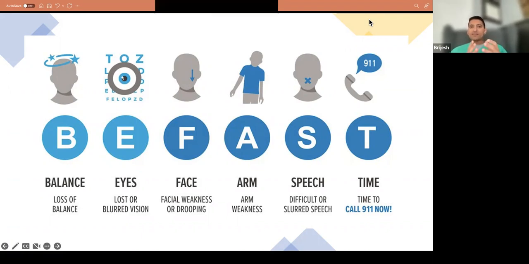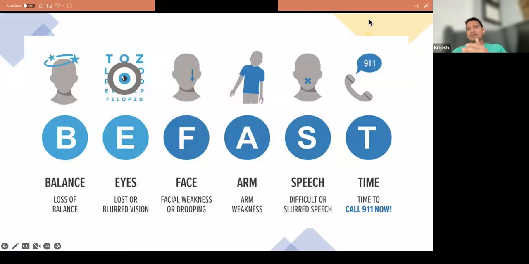So if you see a patient in the field who is ataxic, meaning imbalanced, or who has a visual field cut, where they're not seeing part of their left or right side of their visual field, or their eye movements are off, where they're not tracking your fingers as you ask them to look to the left, look to the right, or if they have any disconjugate gaze, meaning that when you ask them to look one way, one of their eyes is looking elsewhere or not moving at all, then that is a tip-off that it could be a posterior circulation stroke.